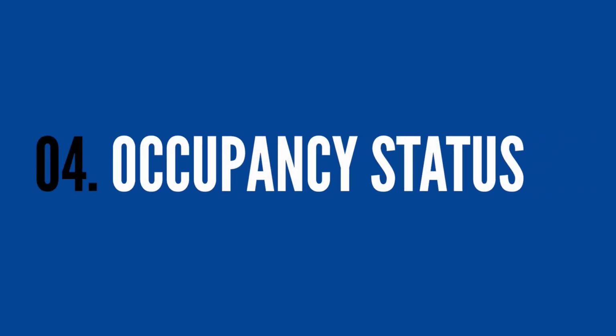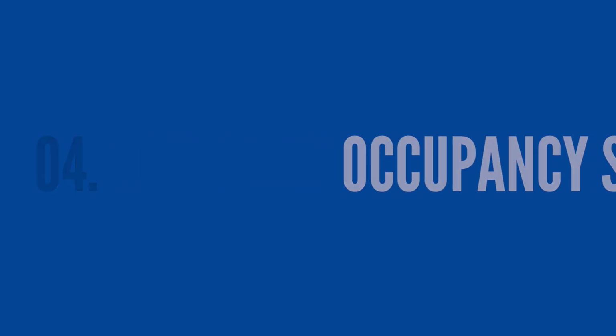Another factor lenders will look at when assessing your risk is how you intend to occupy the house. Lenders care about whether your home is your primary residence, which means that is where you're going to live, or if the home is a second home like a vacation property. And finally, if the home is an investment property that you will rent out to others.